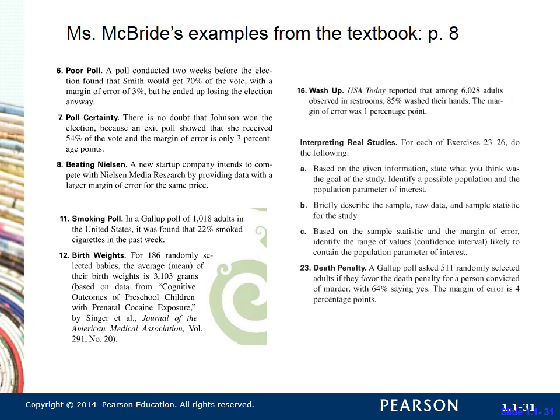So my raw data would have been all of their birth weights, but the sample statistic that comes from this says the mean is 3103 grams. And again, I don't have a population parameter given because they didn't give me a margin of error so I could even figure it out. So sample, 186 babies, population, all babies, sample statistic, mean of 3,103.